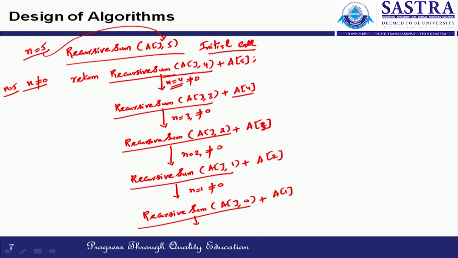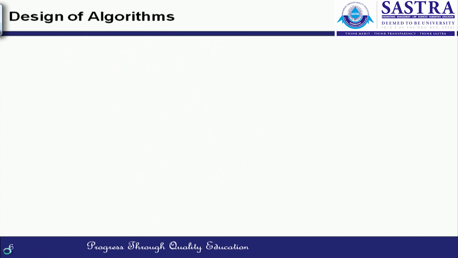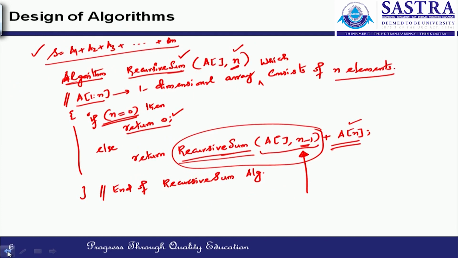Now, what is the value of n? N is equal to 0. What is our logic? If n is equal to 0, then return 0. This if can also end with end if. If n is equal to 0, then return 0, else return this expression, end if.